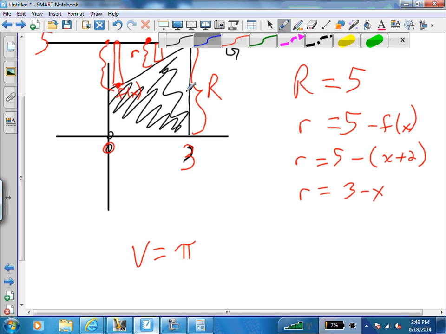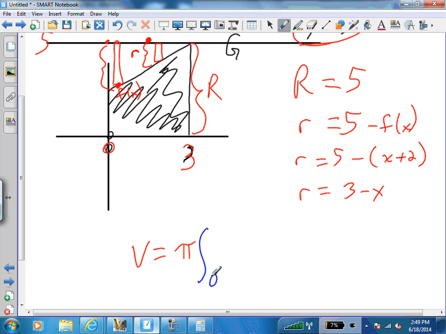So the region that we're rotating, we're taking all of that and rotating it. This time, let's take all of that and rotate it around this line, y equal -2.